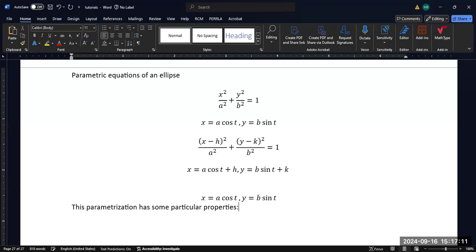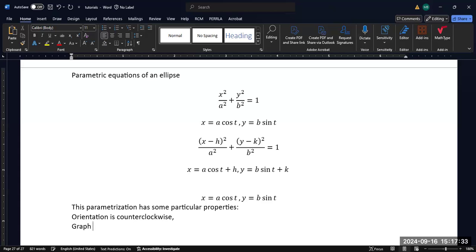So the first thing is that this function in time has an orientation, like which direction are you going around the thing, which you don't have to worry about in rectangular coordinates. But here, the standard orientation is counterclockwise.